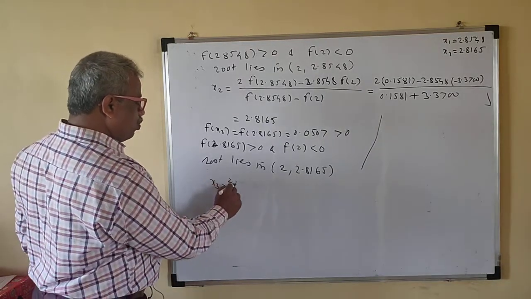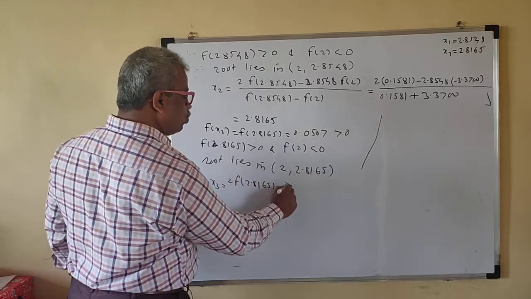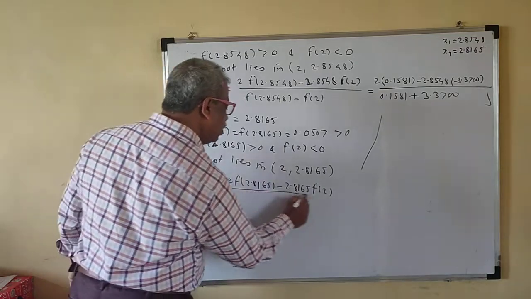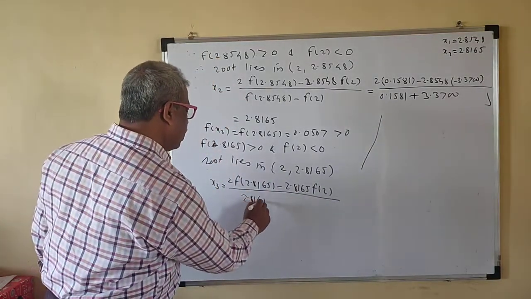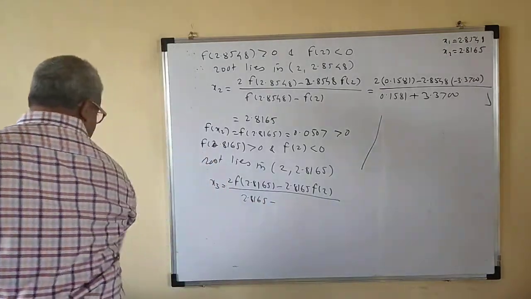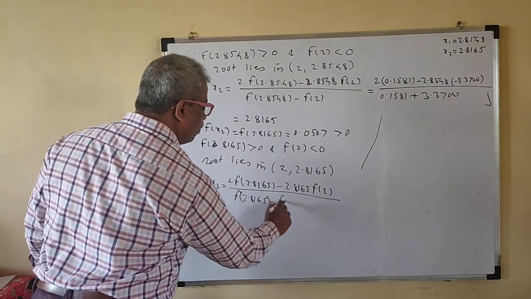Okay. So now we'll find x3. 2 into f of 2.8165 minus 2.8165 into f of 2, upon f of 2.8165 minus f of 2.